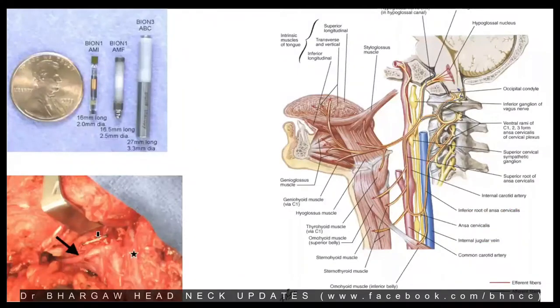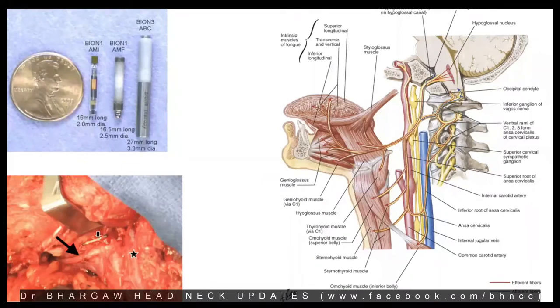With regard to electrical stimulation, the head and neck team and the swallowing rehabilitation team at the Keck School of Medicine had come up with a microstimulator. This is a very small implant which is implanted along the hypoglossal nerve. By radio frequency, this keeps stimulating the hypoglossal nerve to keep stimulating the tongue and the suprahyoid muscles.